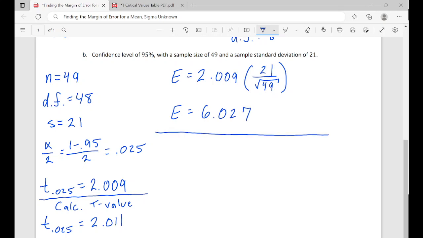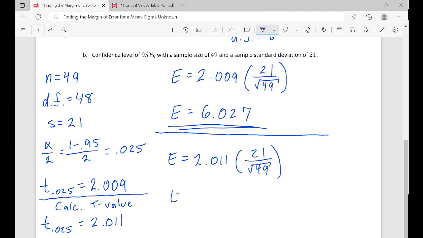That's if you use the critical value from the chart. If you happen to use the critical value from the calculator, 2.011 times 21 over the square root of 49, you're actually going to get a margin of error of 6.033. It's only off by 0.006, and they're relatively close, but they're technically the same answer.